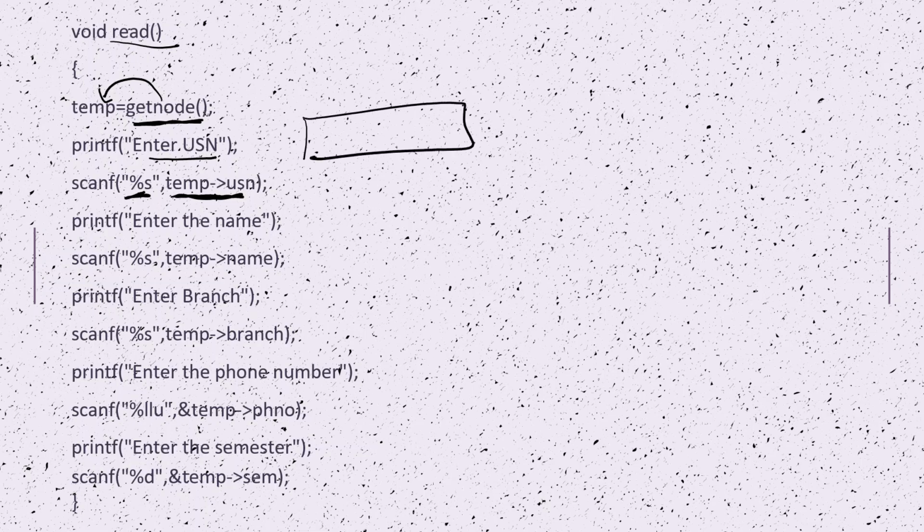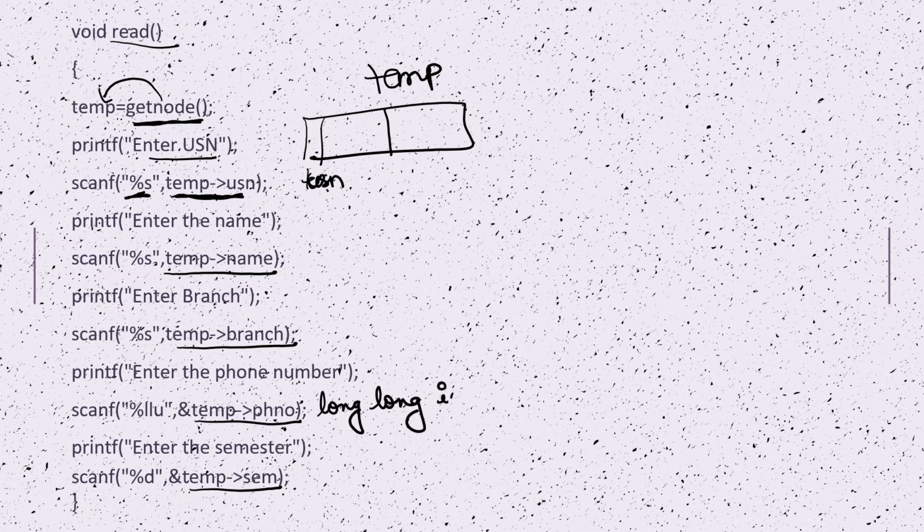Temp is my variable name or node name, sorry. So in that I will be creating one part called temp of USN. Likewise, temp of name, temp of branch, and phone number and SEM. If you remember, phone number was of the type long int, so that is why the specifier is LLU.